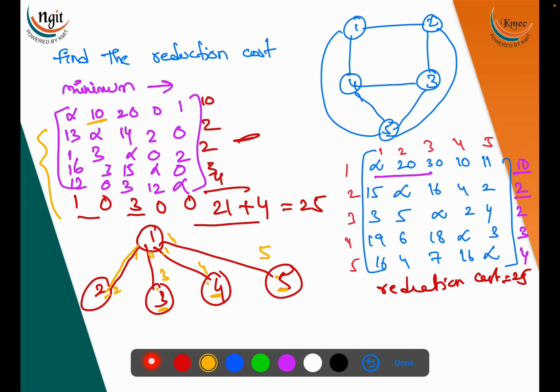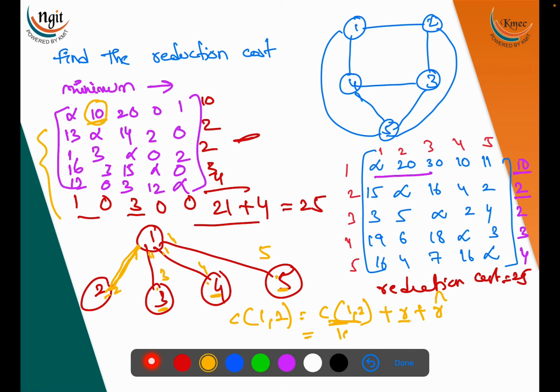The formula for reduced cost: if I wanted to find out the cost of 1 comma 2, cost of 1 comma 2 is equal to cost of 1 comma 2 plus reduction cost R plus R cap. Now C1 comma 2 you already have. What is C1 comma 2?